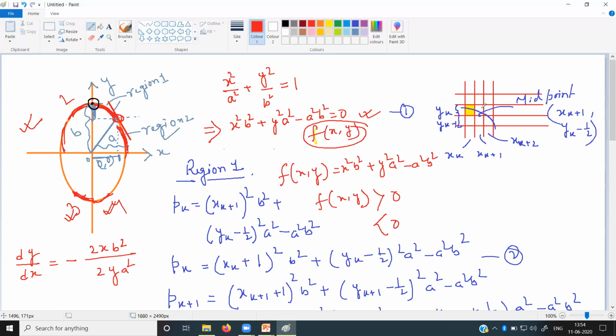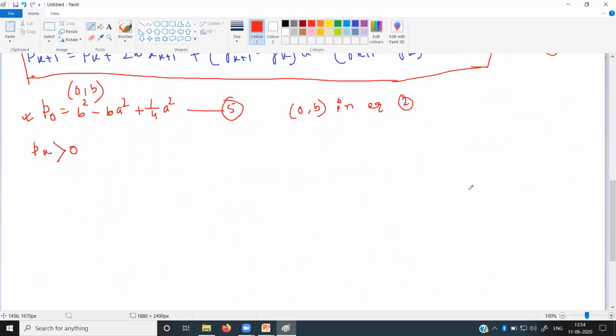So we have to take the points closer on the arc of the ellipse. So we have to decide yk minus 1. So if pk is greater than 0, the y value for the k plus 1th iteration will be yk minus 1. If the y value is yk minus 1, then the x value will be xk plus 1. Fine. So which pixel do we have to illuminate?